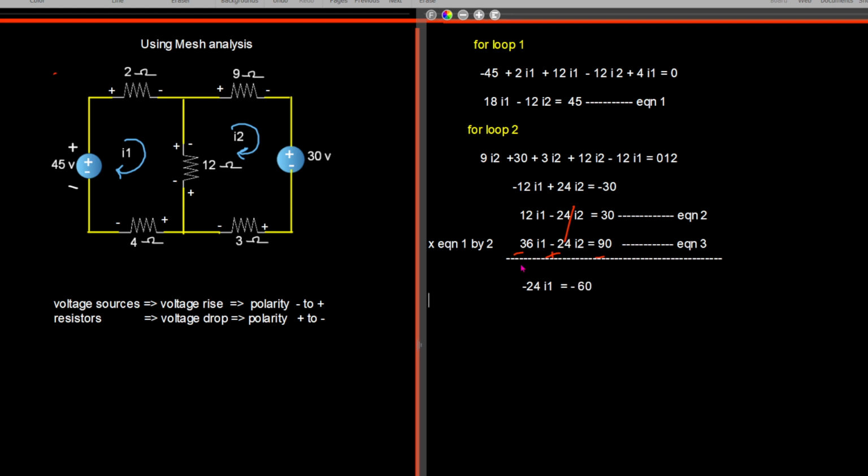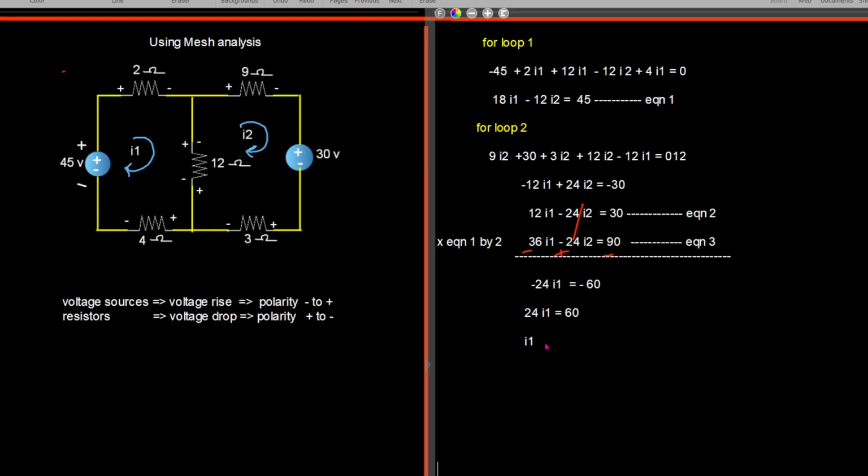So you can rewrite this as 24 I1 is equal to 60. Okay, I1 is equal to 60 by 24, that is equal to 2.5.